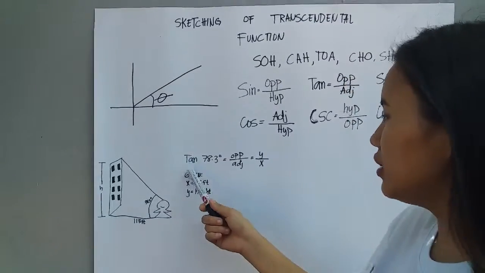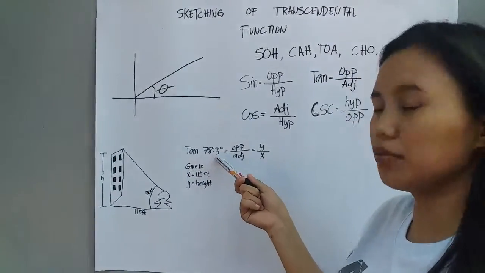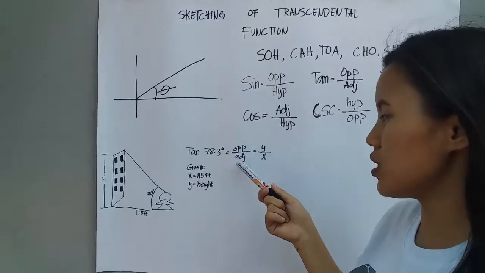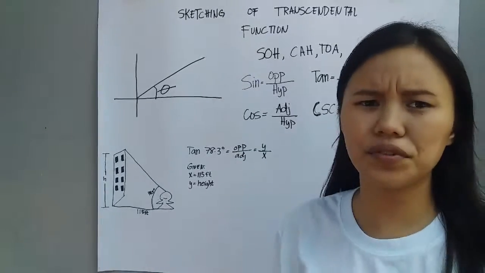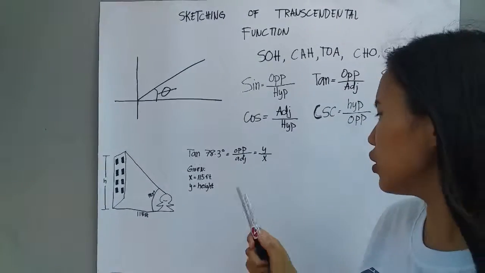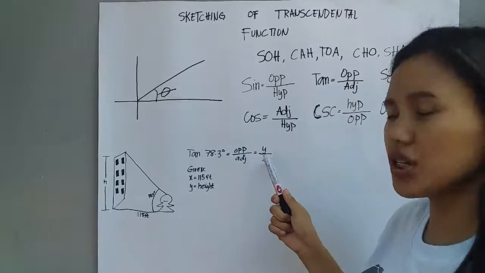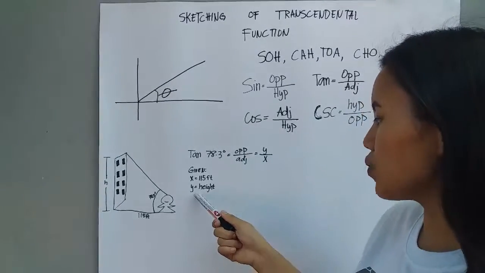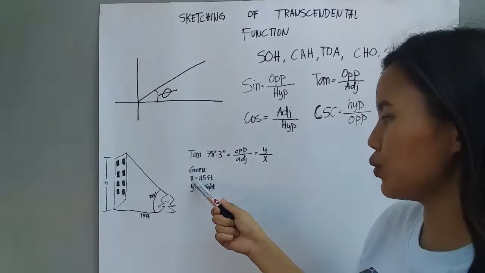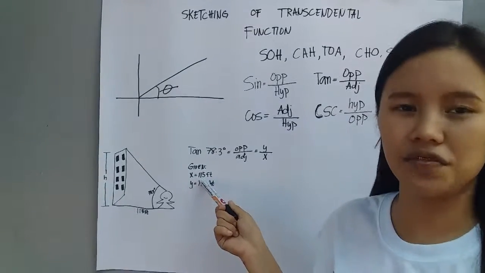Now we have tan 78.6 degrees is equal to opposite over adjacent. Instead of using opposite over adjacent, we are using y over x, where y is equal to the height, and x is equal to 115 feet.